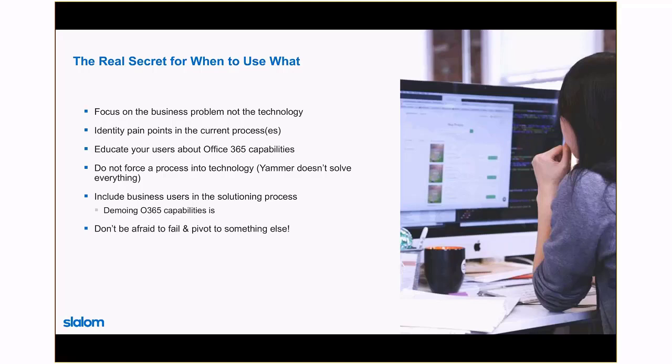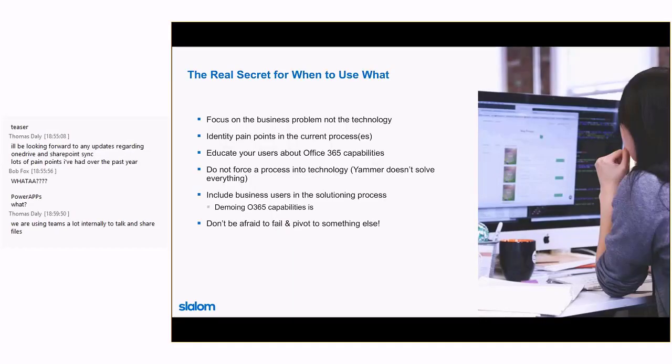What you have to do, as an IT professional or someone within an O365 space, is identify the pain points in current processes. Educate users about O365 and how it might alleviate those pain points. It's not to try to force the technology. Yammer will not solve all problems. In fact, Yammer is one of those interesting services that is often poorly adopted because it's not the right fit for the problem the users are trying to solve, and it actually makes it more complicated.